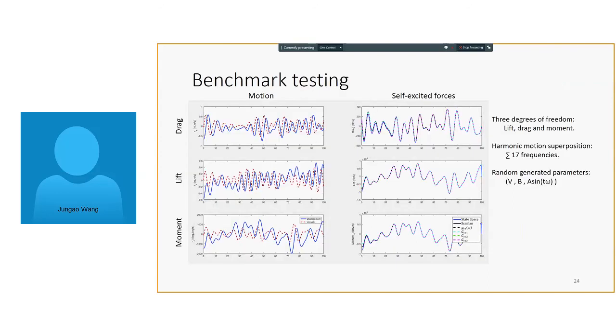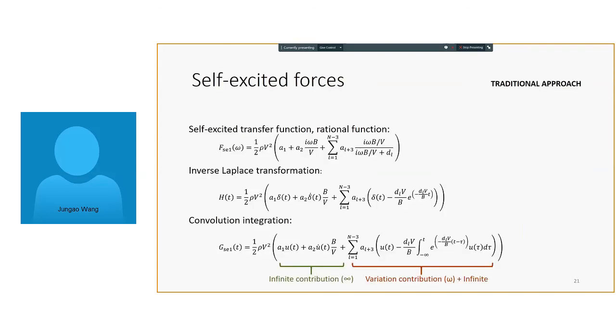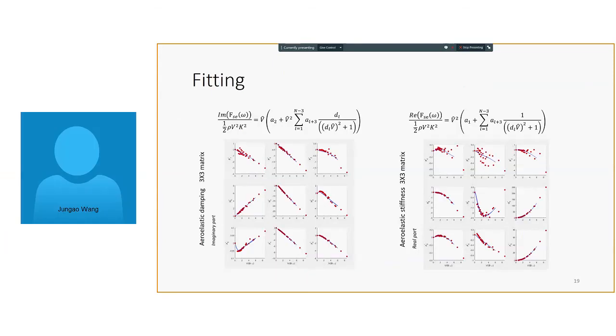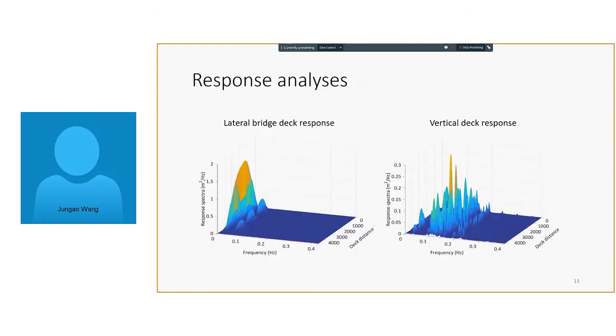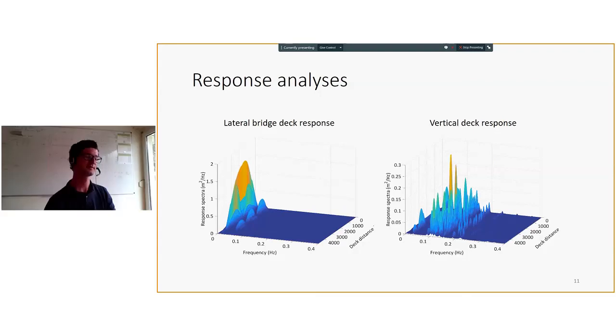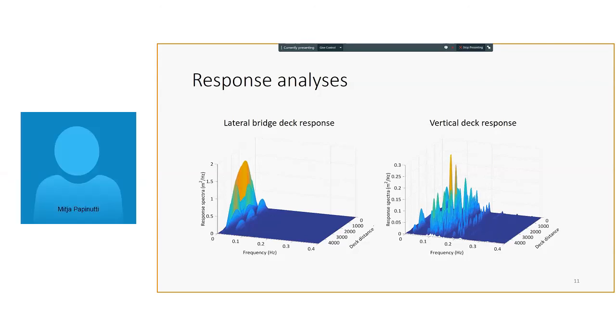Can you go back to the slide with the 3D contour plots, where you show the spectrum? Yes, this one. So for the vertical response, it's not the lowest mode which is dominant, right? Yes, that's correct. It's not the lowest mode that has the largest amplitudes. It's somewhere in between.